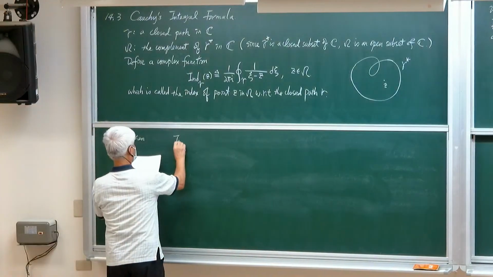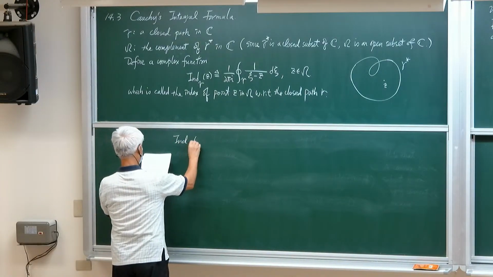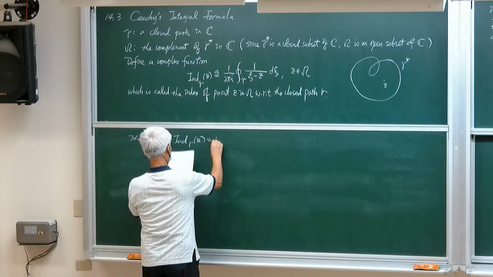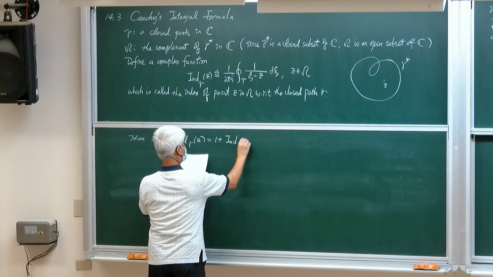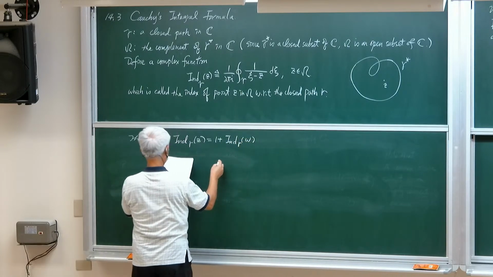Index gamma of z is equal to 1 plus index gamma of w, right?